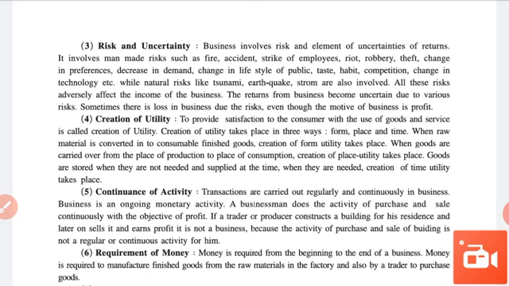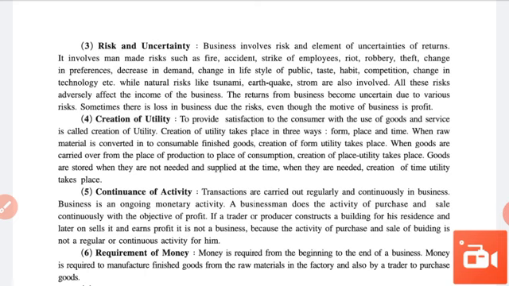And not only is risk a kind of loss, but many other types of risk are available in business, like man-made risks such as fire, accident, strike of employees, robbery, theft, etc. And natural risks are there too, like tsunami, earthquake, and storm.